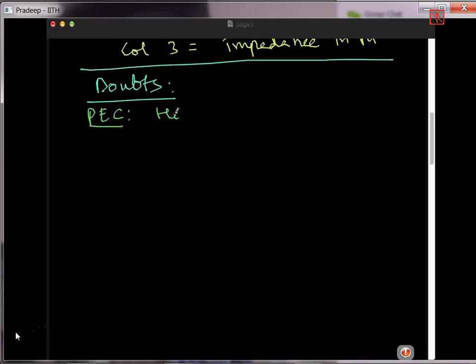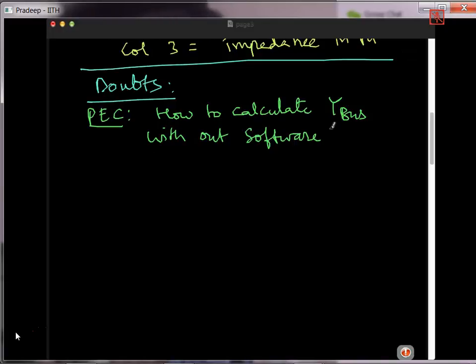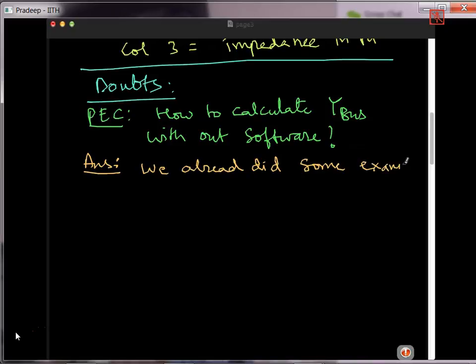The question is, how to calculate Y bus without software? The answer to this question is, we already did some examples with hand calculations.